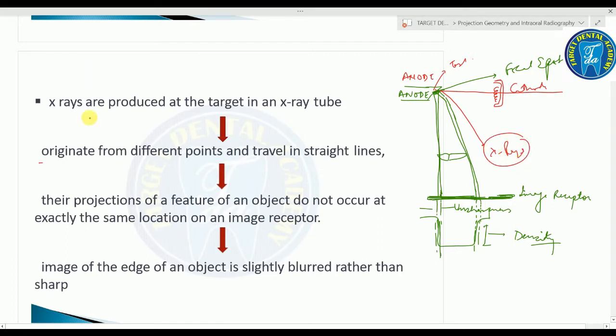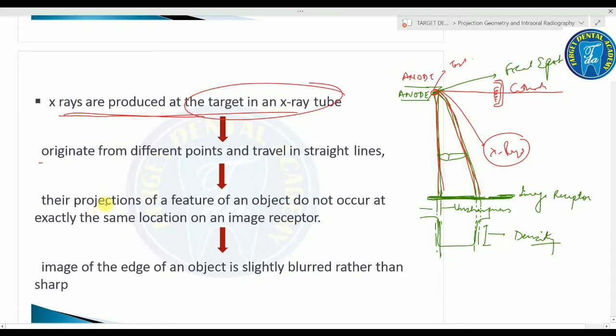The X-rays are produced at the target, or focal spot, in the X-ray tube. They originate from different points and travel in a straight line from the focal spot.